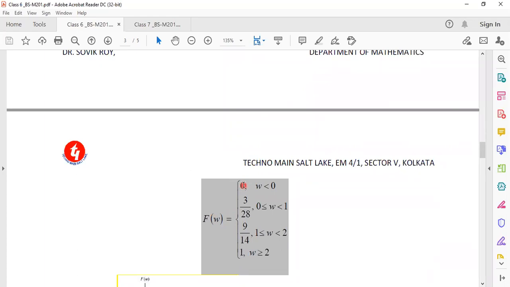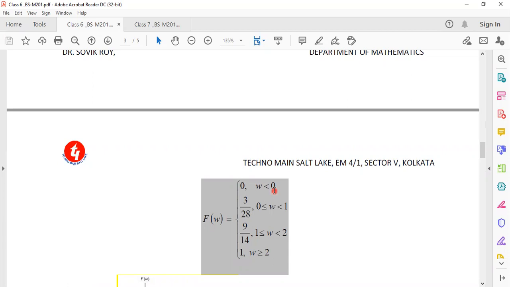W is discrete, it is not continuous, but it is a real number. So if I say W is lying between 0 and 1, you see that only one possible value is available, that is W equal to 0. I am writing it in this manner because we know that we have to work within the limits of 0, 1, and 2.